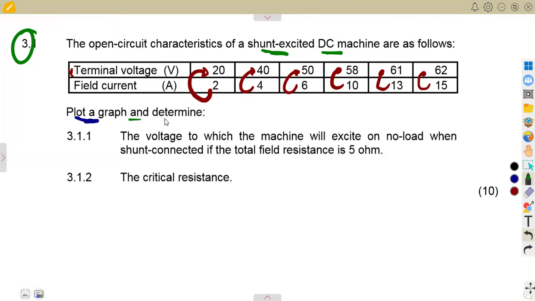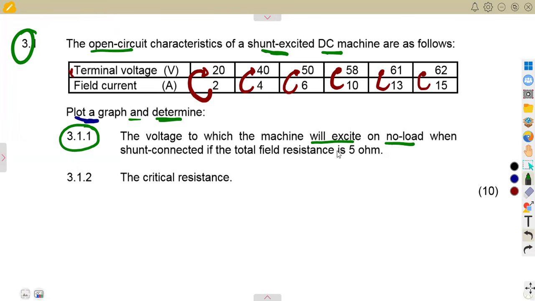Then they are saying, determine 3.11. This is the part that I was explaining before: the voltage to which the machine will excite at no load. This is at the open circuit characteristics.